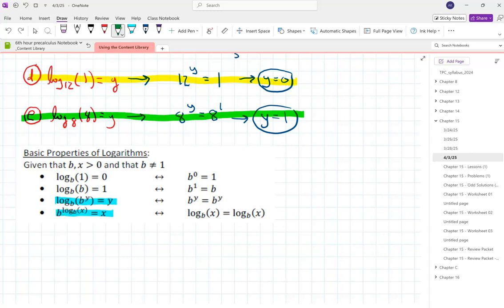So what we're hoping to see from these last two is that exponent base and log base are similar to multiplication and division, or addition and subtraction, or sine and sine inverse, in that they are just inverse functions of one another.